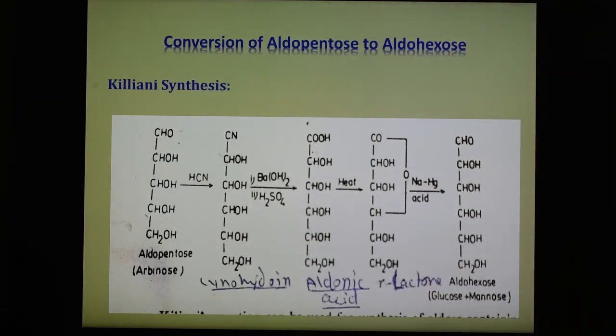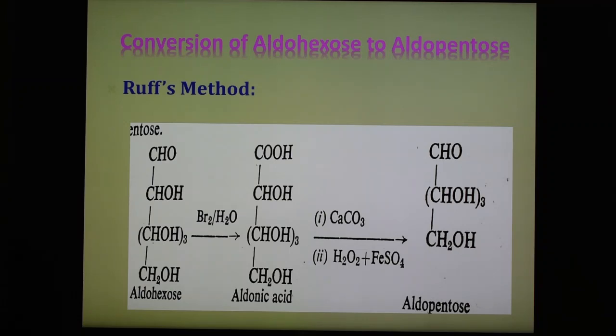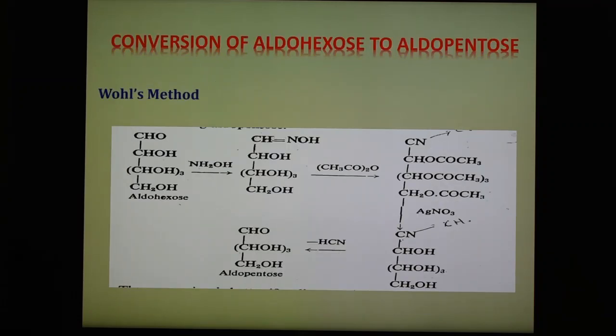After this, another important conversion is there, that is Wohl's method, the conversion from aldohexose to aldopentose. So this 6 carbon compound goes down, and there is the descent of the series.